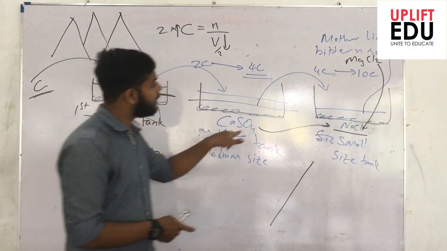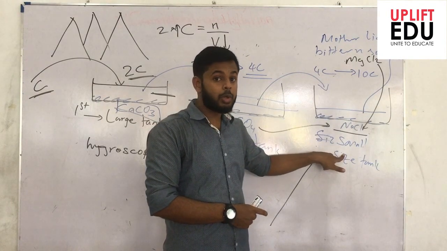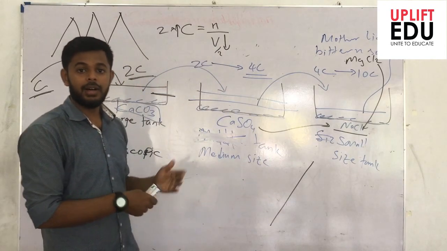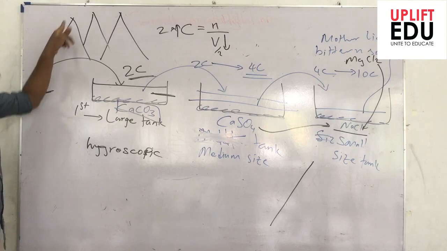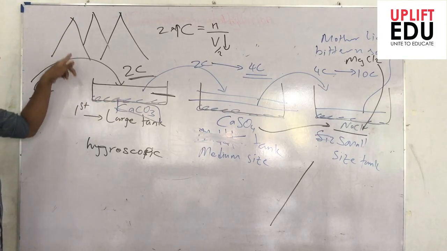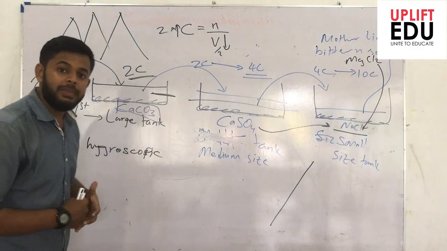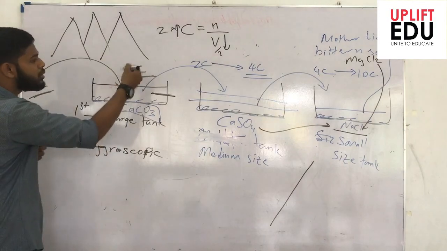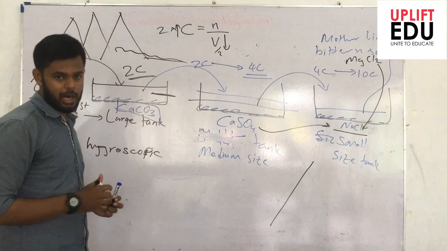Similarly, that nature is called hygroscopic, right? The calcium sulfate and the magnesium chloride salts are hygroscopic, but sodium chloride is not hygroscopic. It does not absorb the atmospheric water. When this is placed as heaps, the magnesium sulfate and the magnesium chloride absorb the atmospheric water vapor and dissolve in it, and that will be washed out, right?